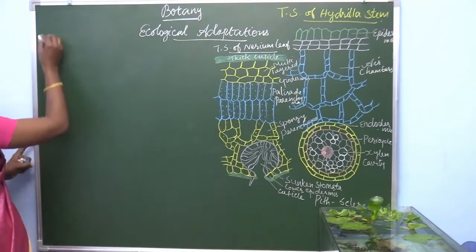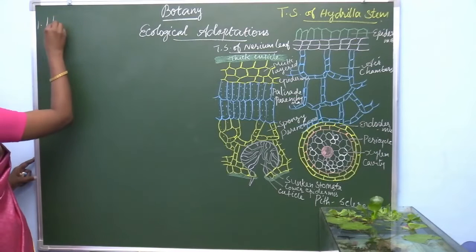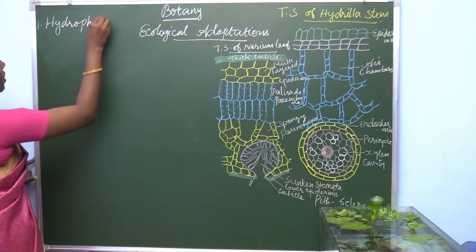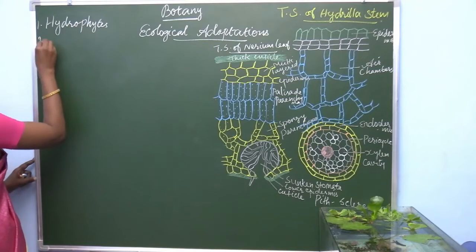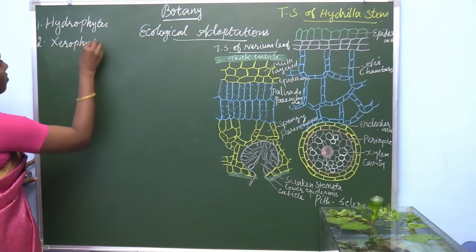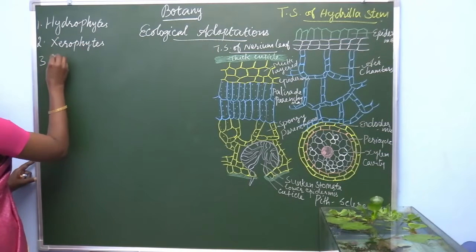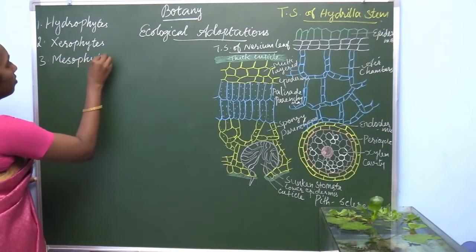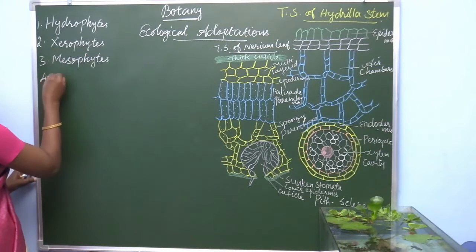They are hydrophytes, xerophytes, mesophytes, and halophytes.